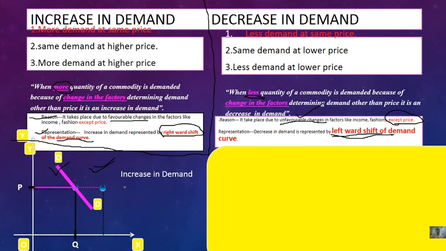Again I explain the graph. On the y-axis we show the price of the commodity, on the x-axis quantity demanded. P is the price of the commodity, Q is the quantity demanded. When the price is P, quantity demanded is Q, and the original demand curve is DD.